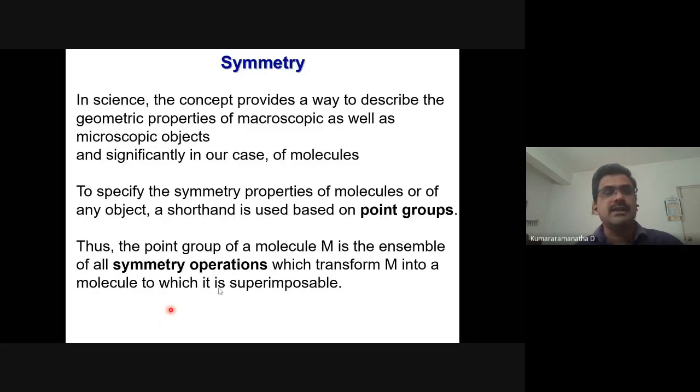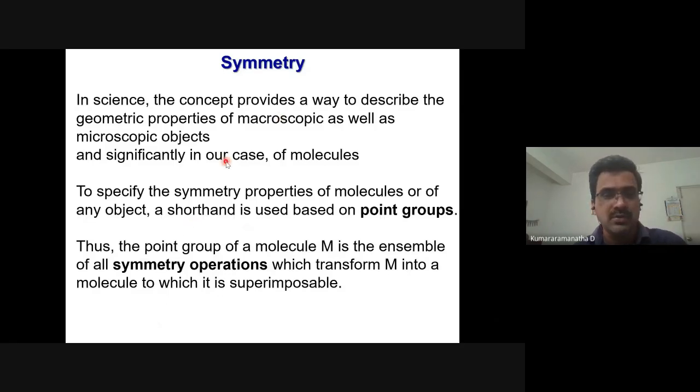So in symmetry, the concept describes geometric properties of macroscopic as well as microscopic objects.